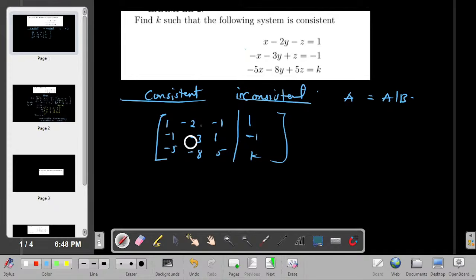If the rank of this side is the same as the rank of this side, we say the system is consistent. From the question, we've been restricted that our system should be consistent. So for our system to be consistent, we should make sure that the rank here is the same as the rank here. And that will help us find the value of k. So let's solve it.